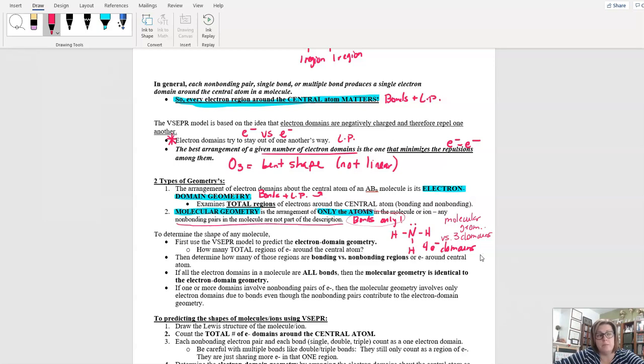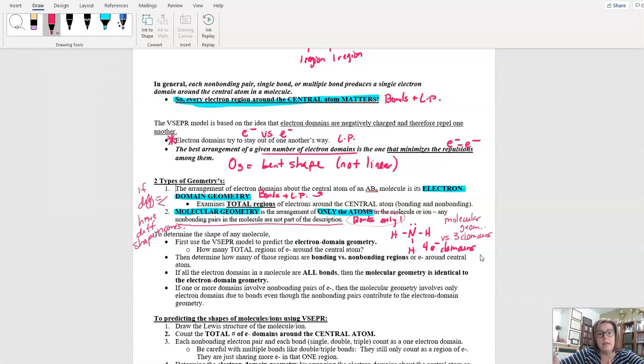If these two are different, then they have different shape names, which means we have to learn both names. AP will tell you which one they want. Please list the electron domain shape of this.